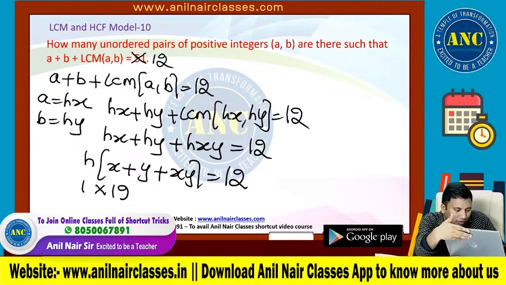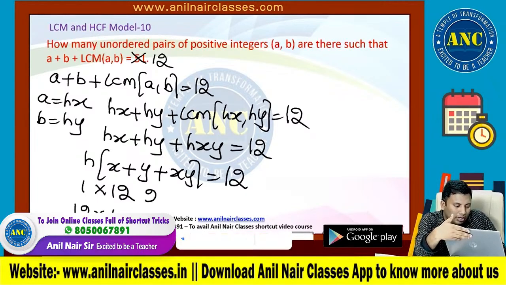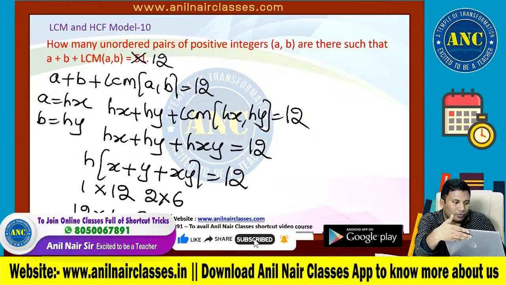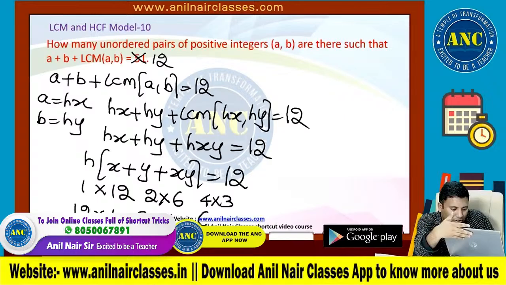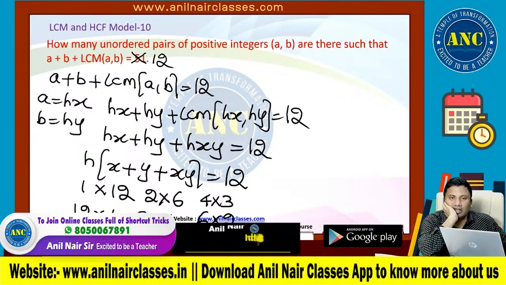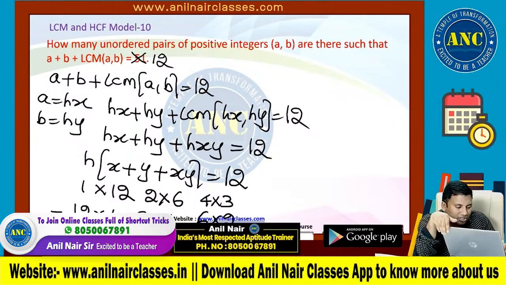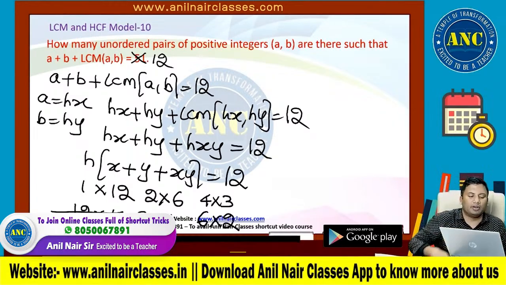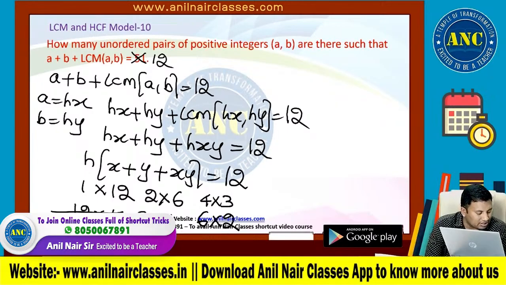Which all cases are there? 1 into 12, 12 into 1, 2 into 6, 3 into 4, 4 into 3, 6 into 2. These are the total cases, out of which this case is eliminated. Are you all with me?